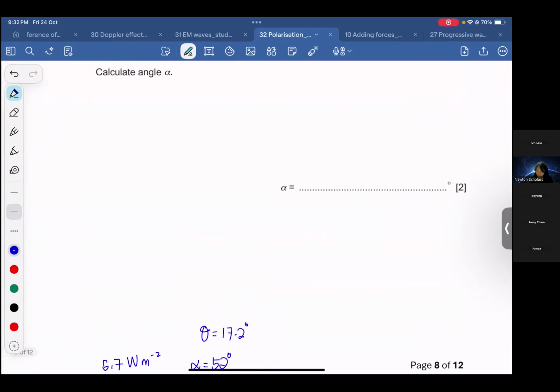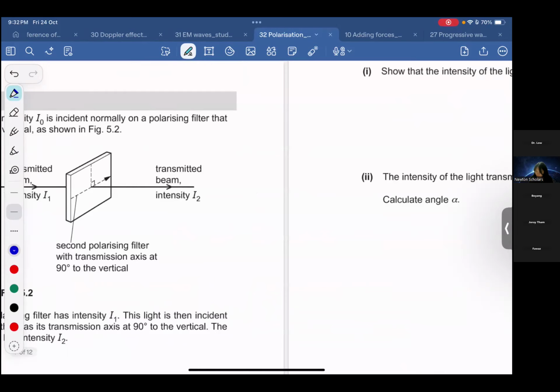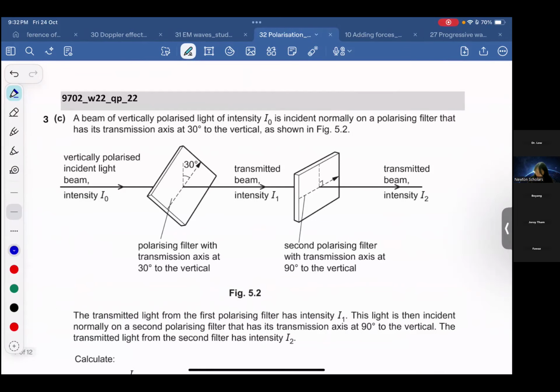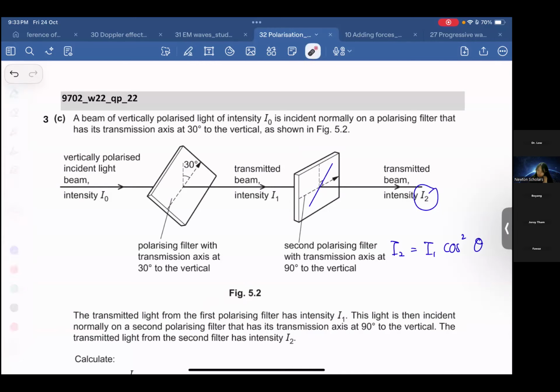Okay? Then here, the hint that I want to give you is, for the second one, you want to relate I2 with I1 cos square delta. So for this cos square delta, the angle, you actually have to compare with the first one, the first filter.